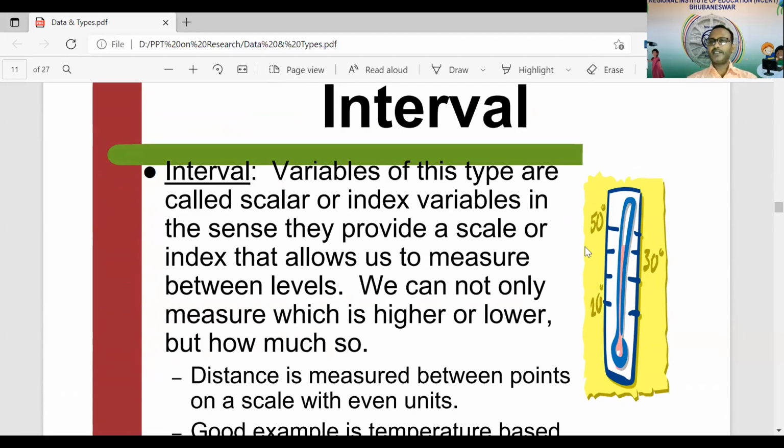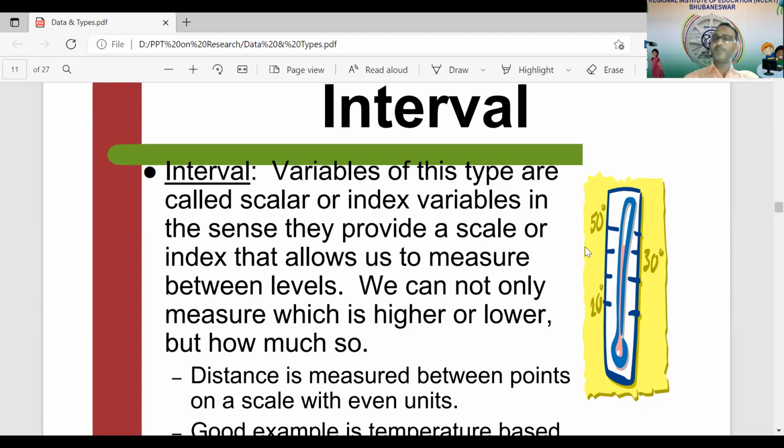Of course, we are able to grade or rank them 1, 2, 3, first, second, third. Suppose there are 20 students, you can rank them from 1 to 20, where 1 is the highest and 20 is the lowest. That is rank. But you cannot say the difference between the first student and the second student will be the same as the difference between 19 and 20.